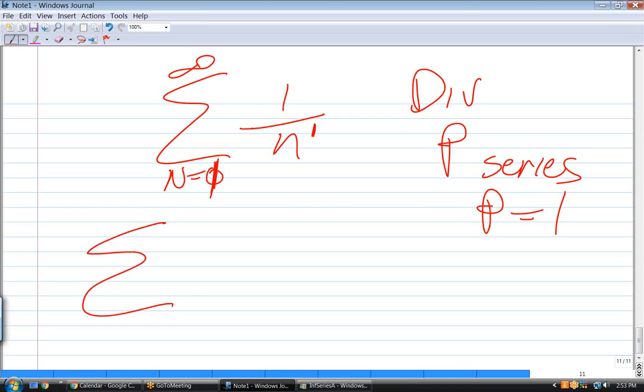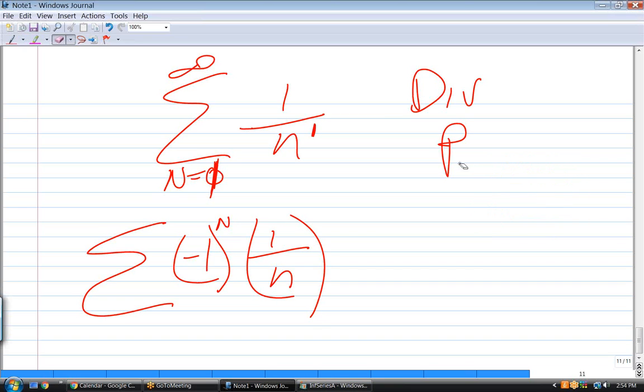But if I turn it into an alternating series that is exactly the same, except for having that, is it divergent or convergent? In other words, this series up here is basically 1 plus 1/2 plus 1/3.